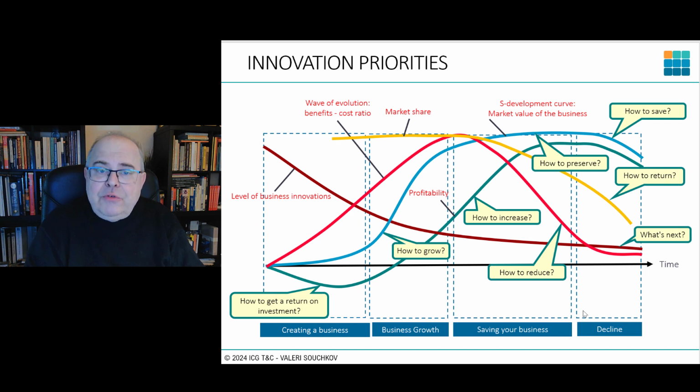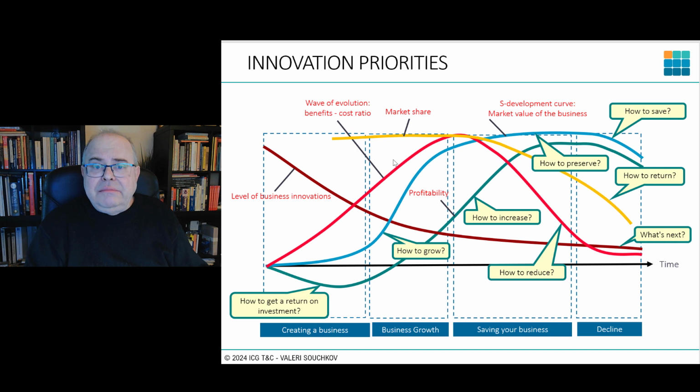If you look at the evolution of different parameters, for instance, the level of business innovations, it is the highest at the start of the company. Then it drops. Profitability goes below zero when you have started the company, but then you reach a break-even point and it starts to grow.